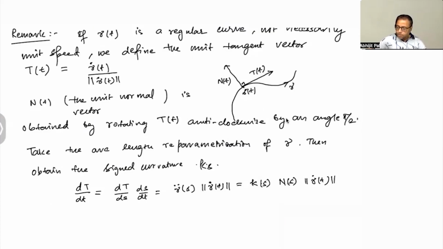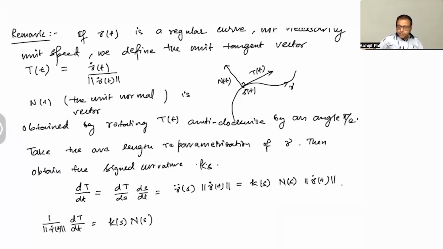Yeah, so we have this relation here. Observe that 1 by norm of gamma dot t times dT dt is equal to kappa_s times N_s.